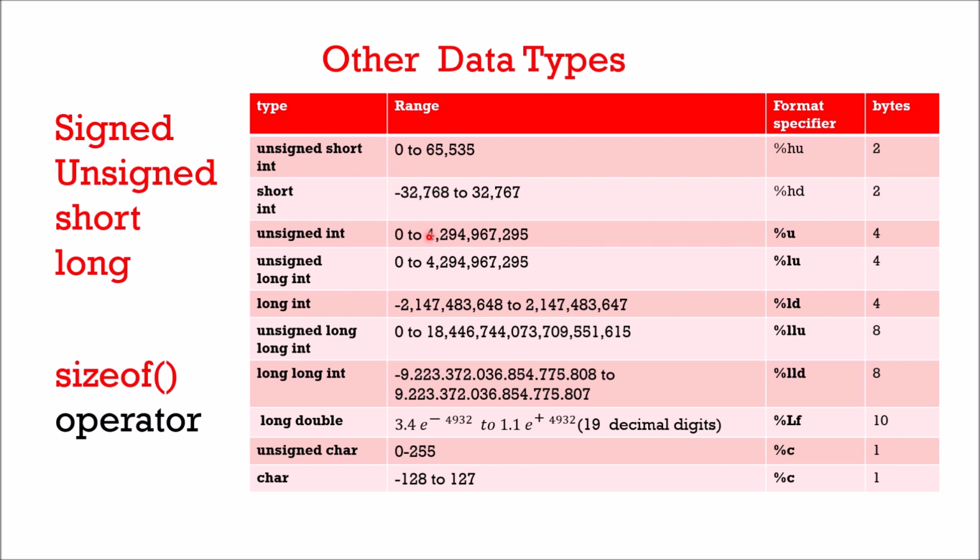It's going to be just positive from 0 up to this number. If it is going to take negative values also, remember, you split this range into halves, and one half will be of negative values and the other one for positive. So remember here, this D stands for positive or negative, while this U stands for just unsigned values, I mean positive values only.